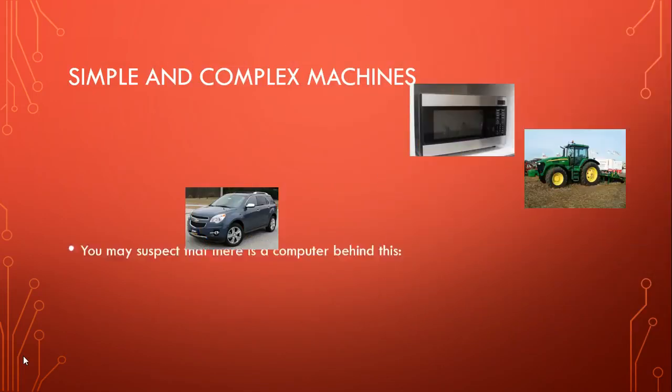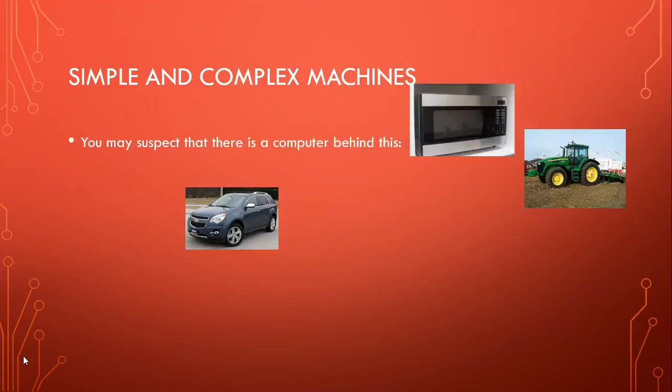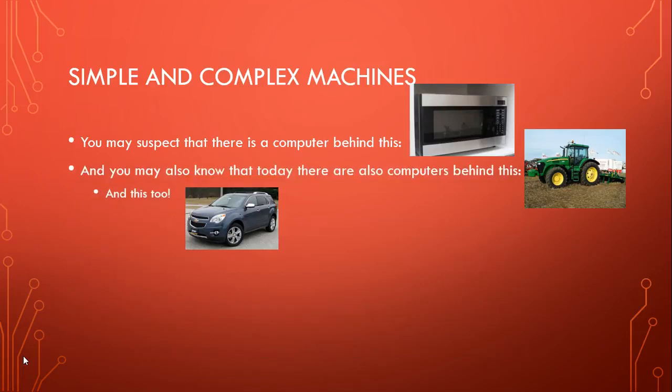All right, let's talk about some simple and complex machines. You may suspect there is a computer behind this, which of course is the microwave. Think about your popcorn button. It's a preset set of instructions. You also may know that there are computers behind these. So you have a tractor over here. Modern tractors are not simply just mechanical.